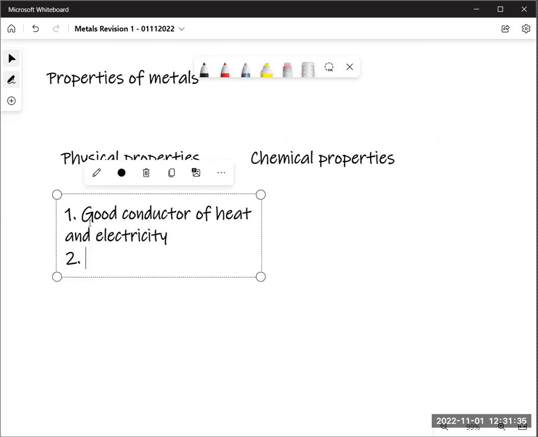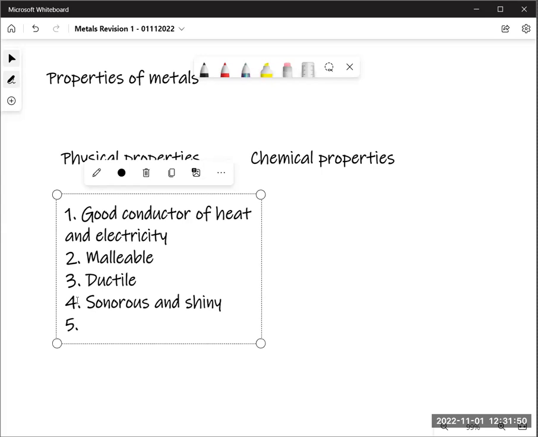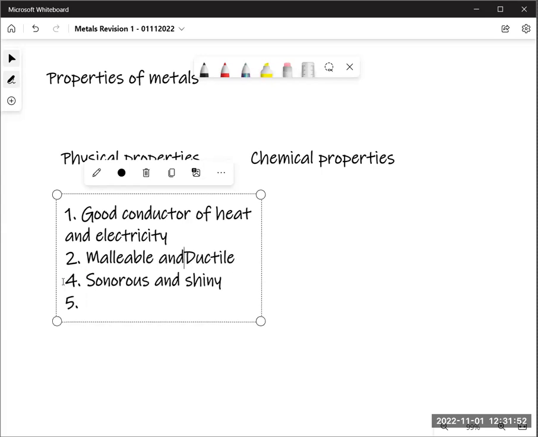Next thing would be malleable, ductile, sonorous, and shiny. Let's join these together, malleable and ductile.